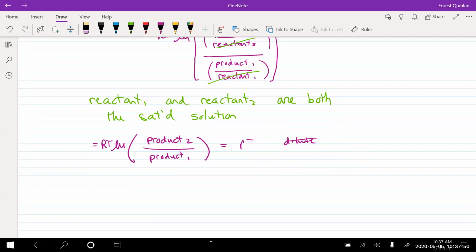Or RT natural log of dilute over concentrated.